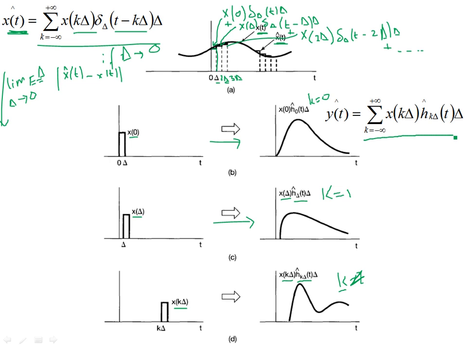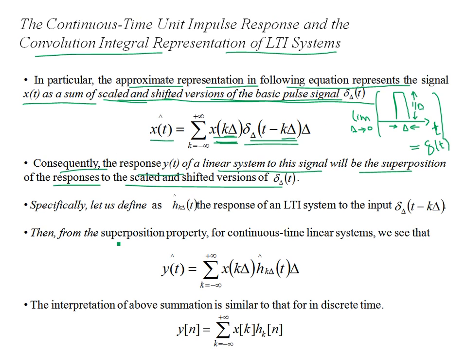Since the system is linear, the response to one pulse can be added to the response that you get for another pulse, and then you keep on adding up to k pulses, and you can approximate your output. That's the idea. So you see the response y of t of a linear system to the signal will be the superposition of all such responses, the responses to the scaled and shifted version of delta t.